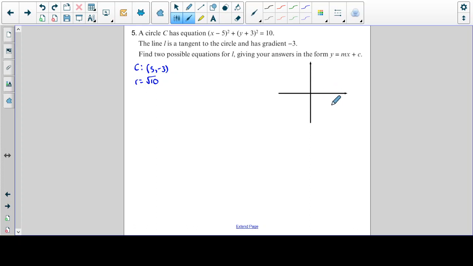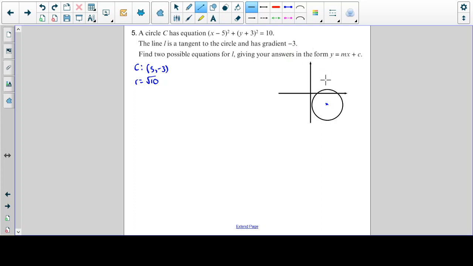So 5 minus 3 somewhere here. Centre. Something like that. And then we want a tangent to the circle with gradient -3. Find two possible equations.